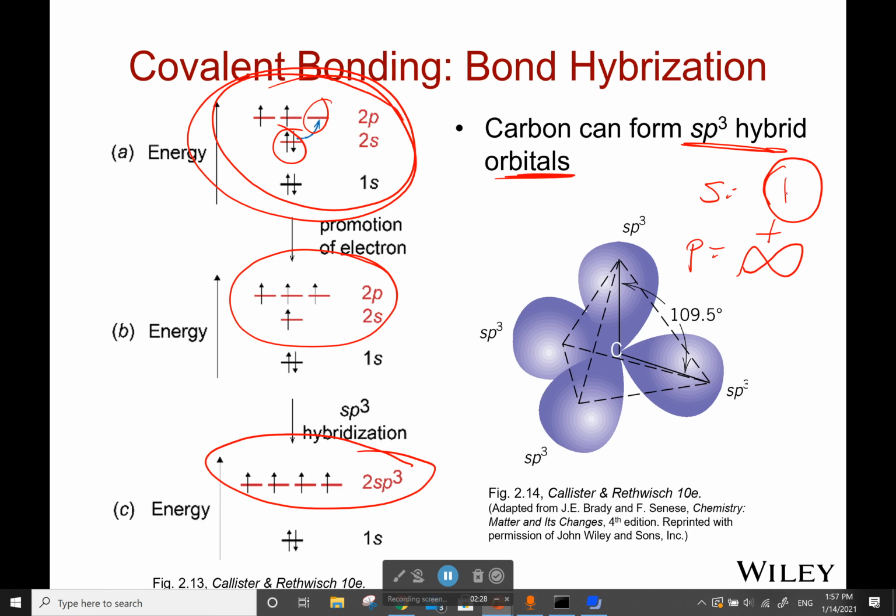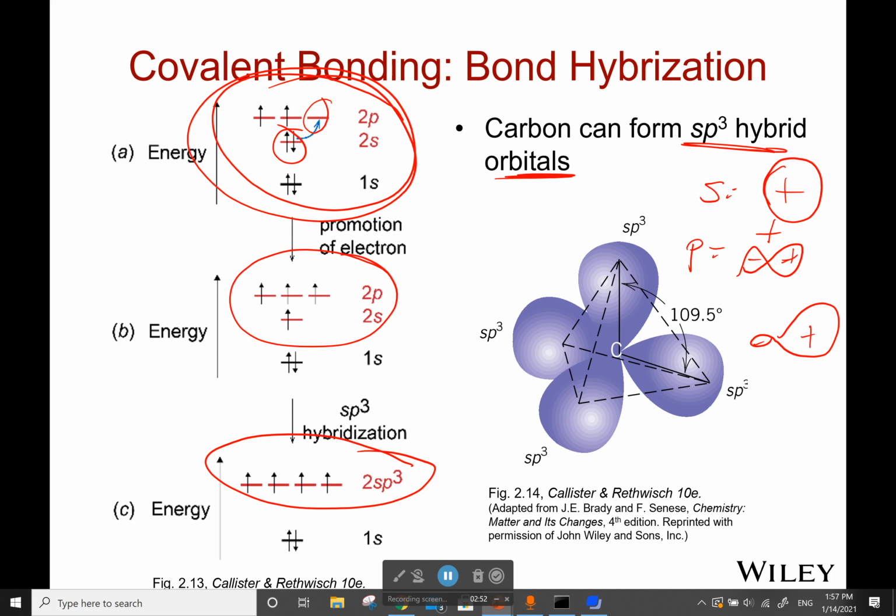Let's just say this is a positive orbital and this is a positive and this is negative right here. It's not really positive and negative, it's just as close as I can get with a little example. So the positives add and the negatives subtract. What we get when we add those 2 together is something that looks like the following. We have a bigger positive side and a smaller negative side. Big positive, smaller negative, because we mixed it together.